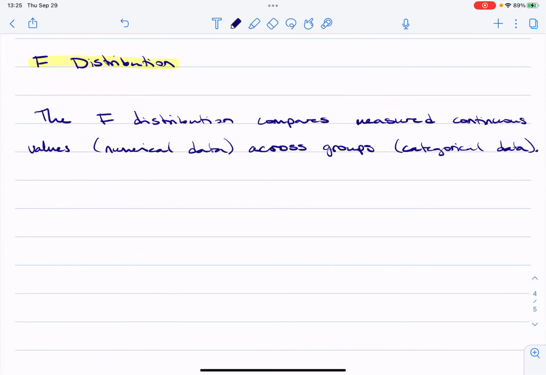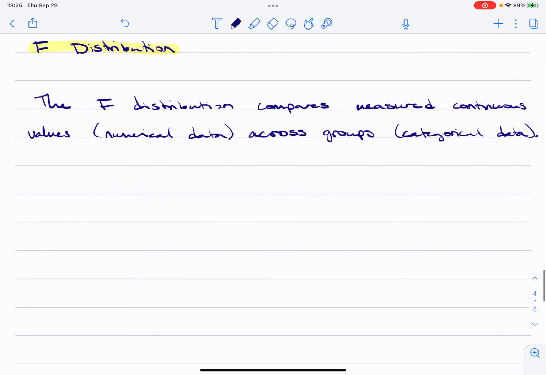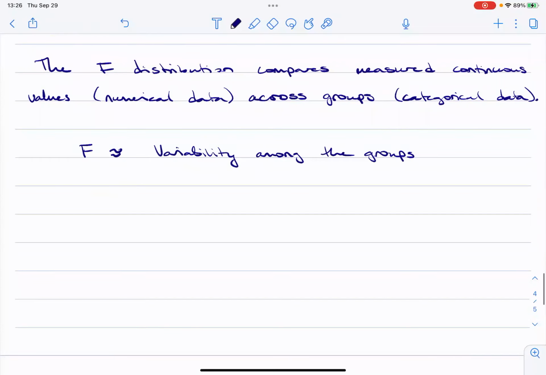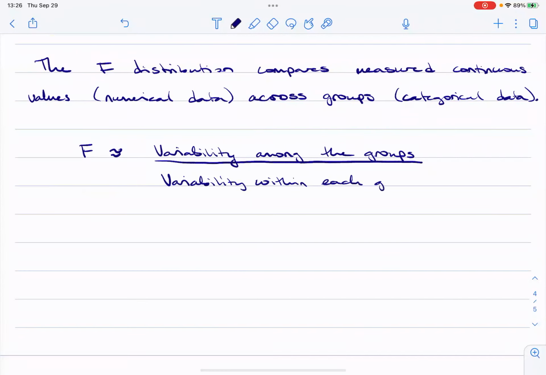This is going to be different from the chi-squared, right? Because the chi-squared compares counts across groups, but now we're comparing measurements across groups. So F is approximated by the variability among the groups divided by the variability within the groups, within each group.